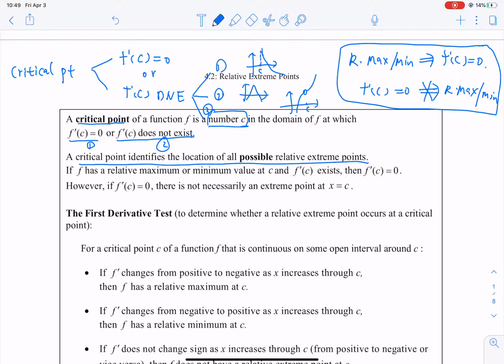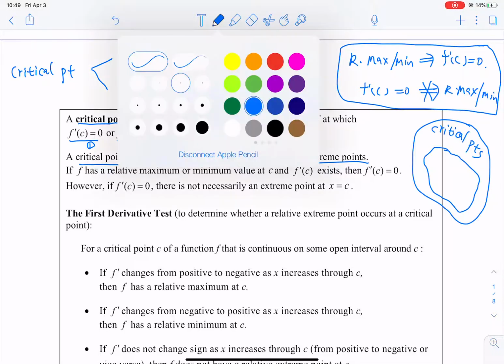If we use the graph, this is the critical point. Critical points have two cases, so a proper subset will be where f prime of c is 0.